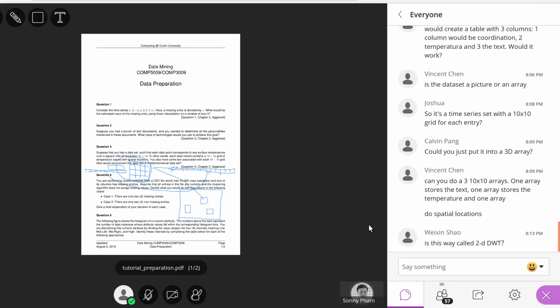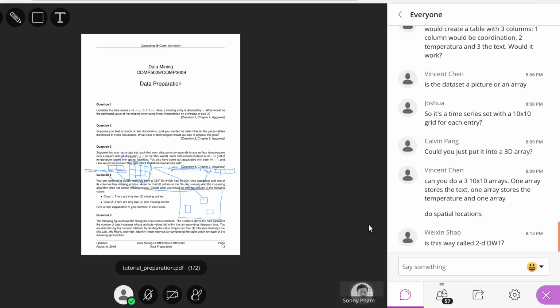So of course, Weixin, if you can look up the 2D discrete Weber transform, let me try to. Yeah, 2D. It is used a lot in image processing, image compression, right?